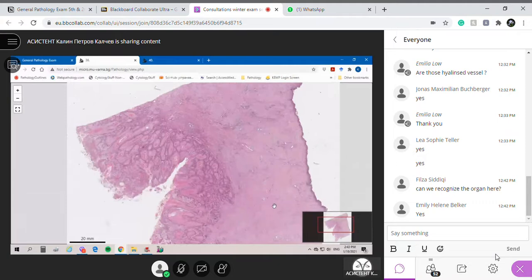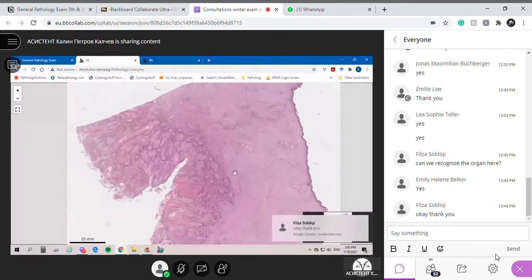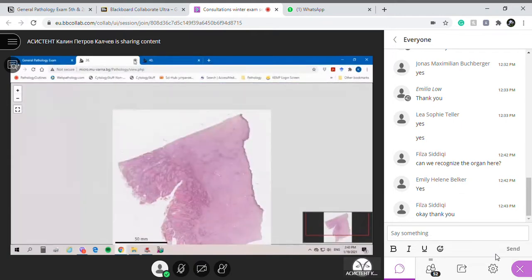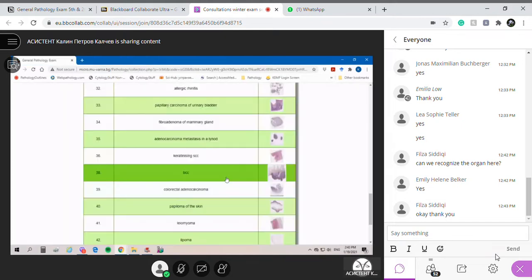According to this dense connective tissue, it's probably dermis, but I cannot tell for sure. It may be cervix as well. The cervix of the uterus, I mean. So that's why you cannot tell what kind of organ it is. So this was about these covering epithelium tumors.